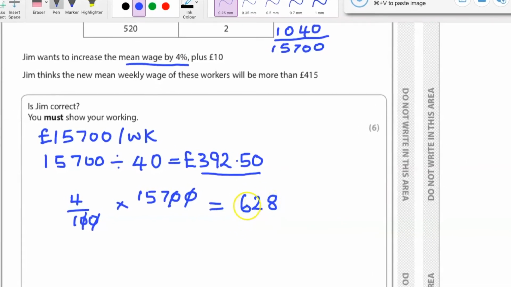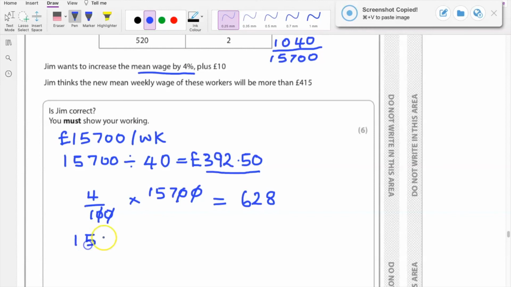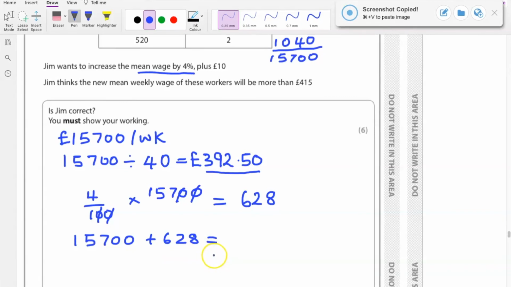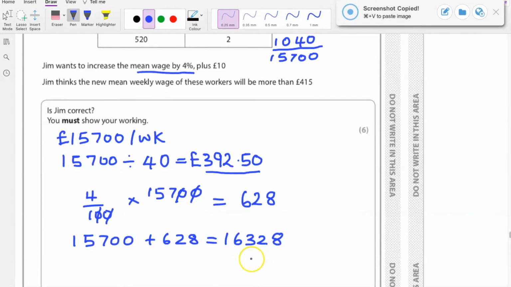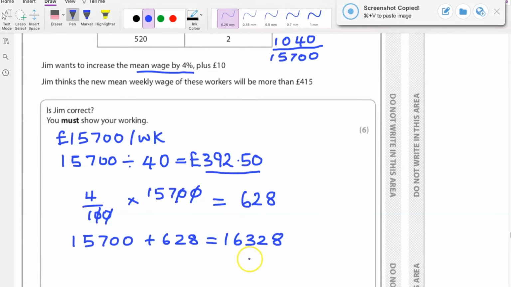So we need to add this increment to 15,700. If you add these two numbers using your calculator, you will get 16,328. So that's the amount with 4%. Now we need to share this amongst the 40 workers to know how much each of them is going to get.